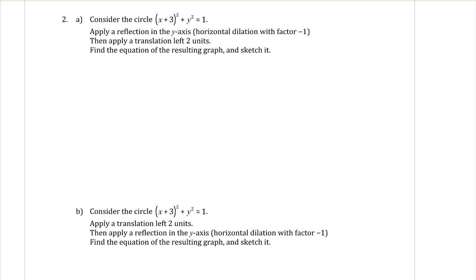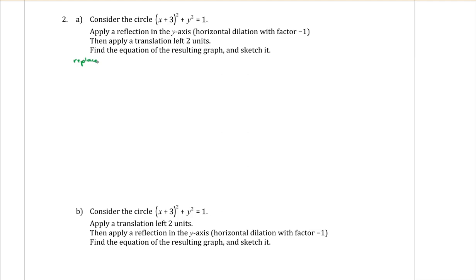Then we're going to apply a translation of left 2 units, and we're going to find the resulting equation and we're going to sketch it. Okay, let's do that. So the first step was to apply a reflection. If I'm doing a reflection on the y-axis, it means I'm going to replace what?